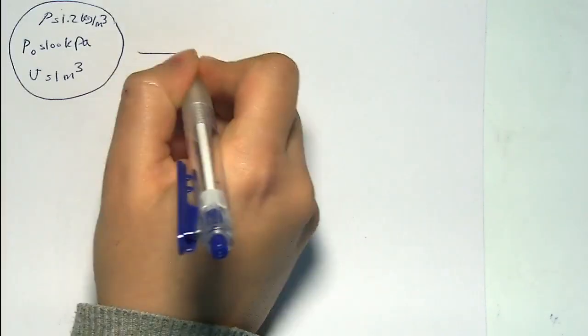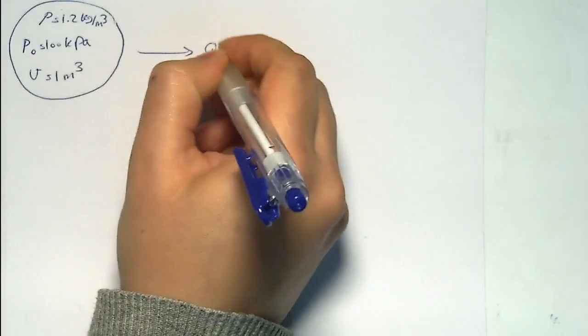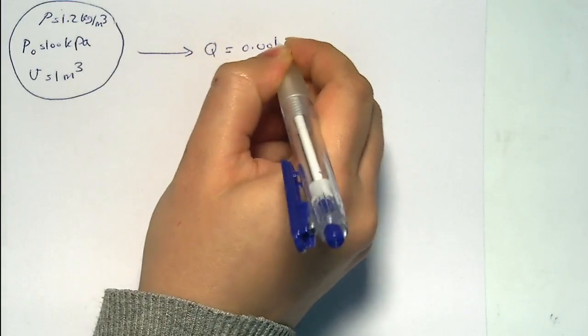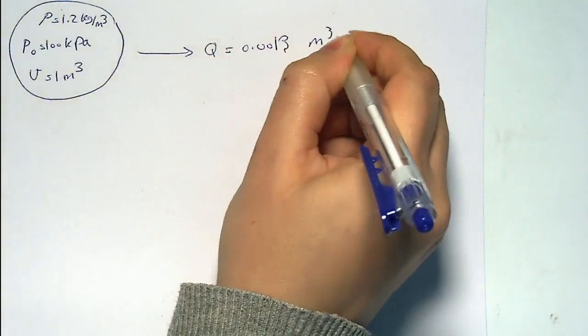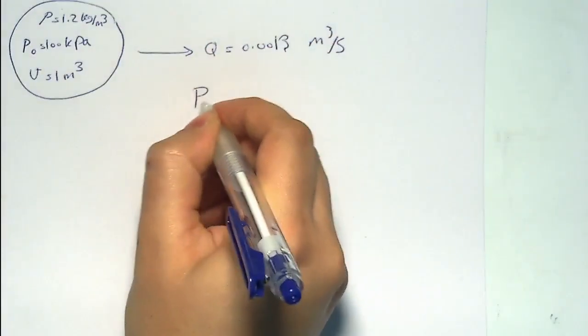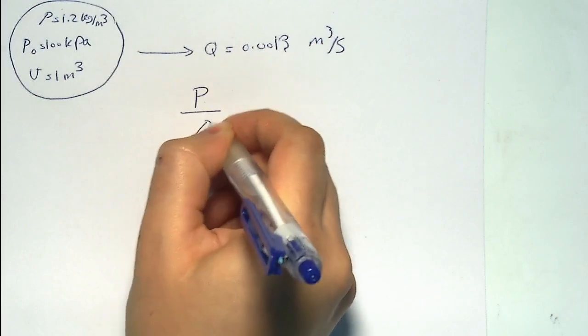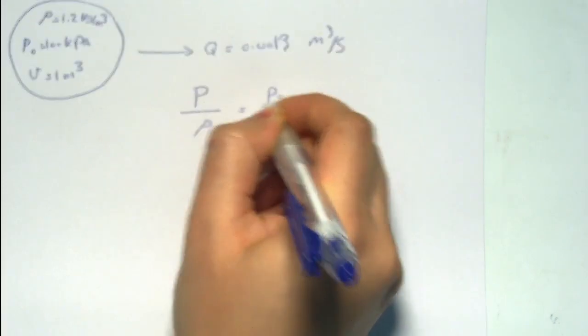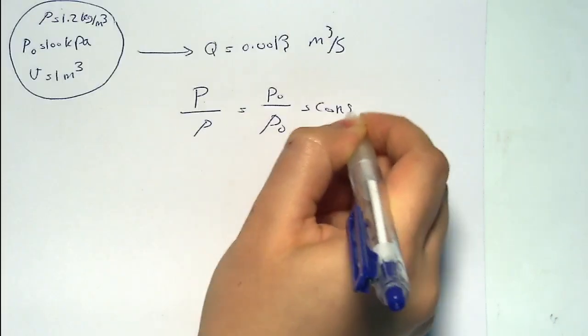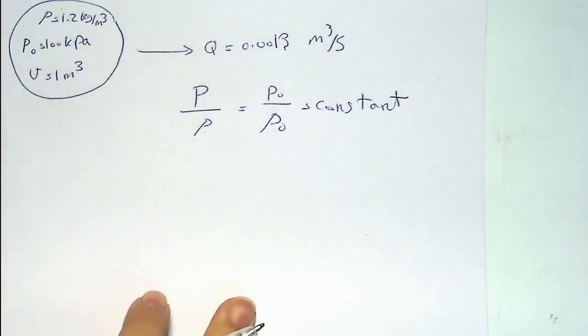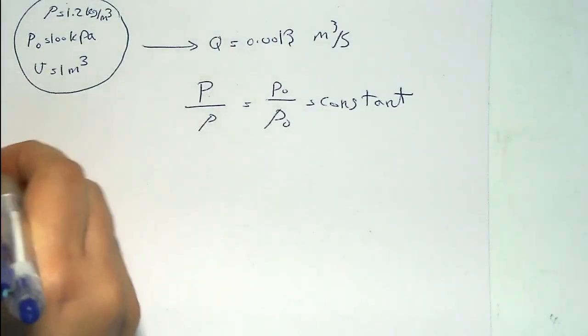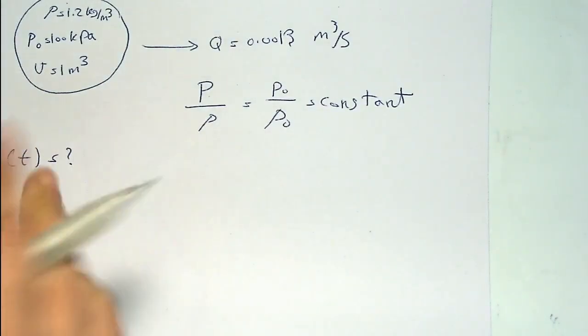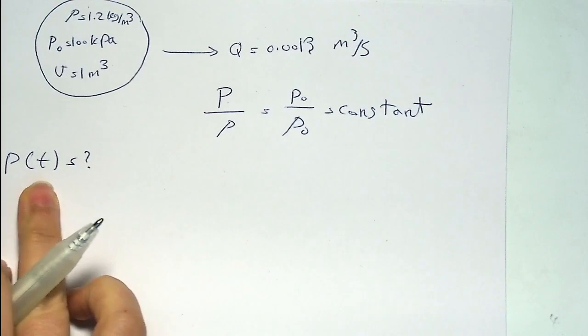So the air is evacuated here. The Q is 0.03 cubic meter per second. And we know that P over density at all times is constant. And you need to derive an equation for the pressure that varies with time.